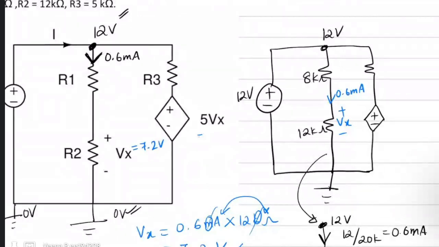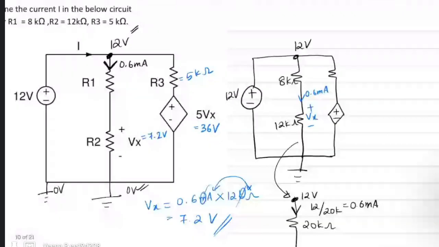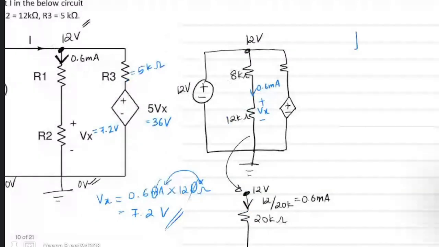So if you got Vx, you can also get the value of this dependent source, which is 5 times 7.2 or 36 volts. So this much you got. Now R3 is given as 5 kilo ohm. If you consider R3, I will redraw it, 5 kilo ohm.